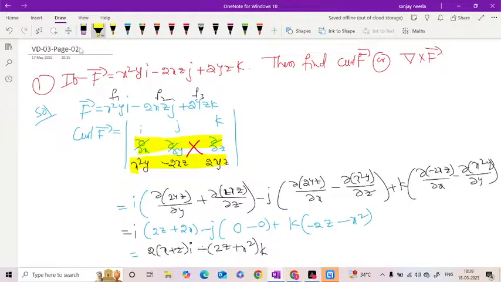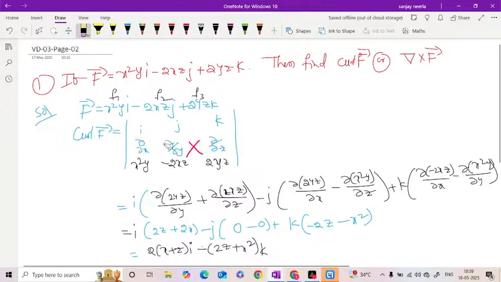After finding the determinant of the matrix, differentiating with respect to y, this part gives only 2z, and differentiating with respect to z we get minus 2x, but there is already a minus, so plus 2x.